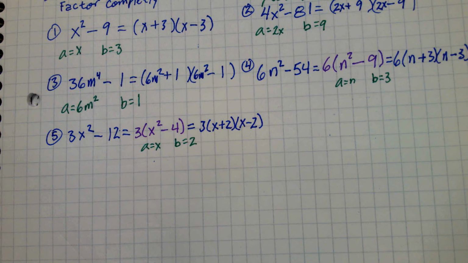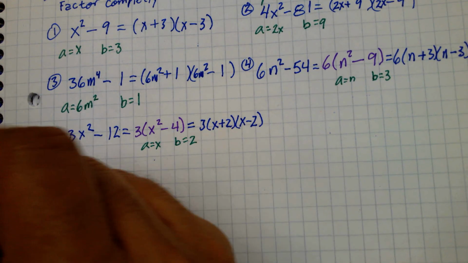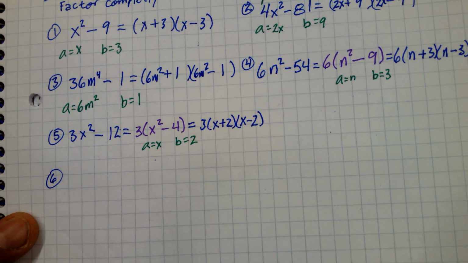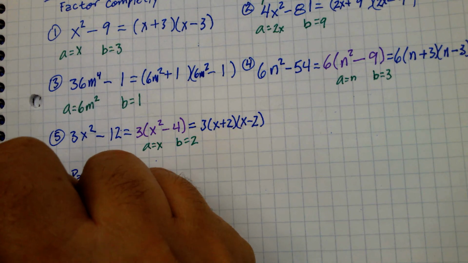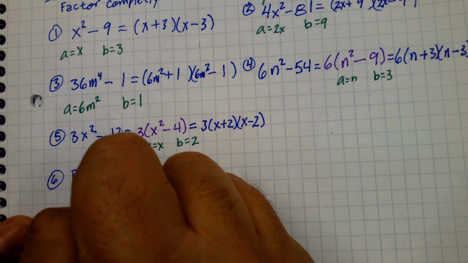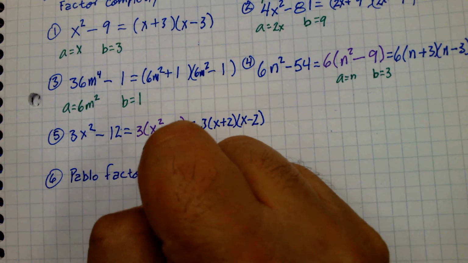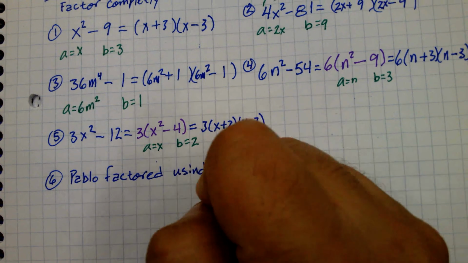Let's do a couple of them. Let's do number 6. Pablo factored using difference of squares.